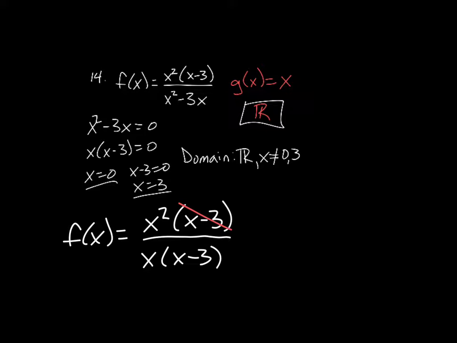The x minus 3's cancel, and one of the x's actually cancels also. So it turns out that after canceling everything, we actually have the same function. And that means, since we could cancel them, that there are no vertical asymptotes.